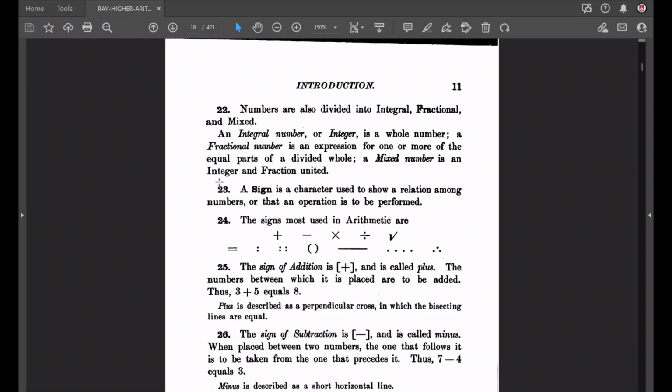So let's look at 3 divisions of number. There are 3 divisions of number: integral, fractional, and mixed.